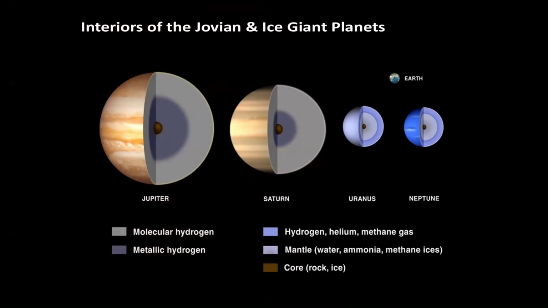So basically, the Jovian planets and, to a degree, the ice giants, Uranus and Neptune, have large diameters compared to the terrestrial planets, but low average densities because they're mostly gas, right? And they orbit beyond the asteroid belt. They're much further spread out. And they also tend to have multiple satellites, especially in the case of Saturn, as we'll see.